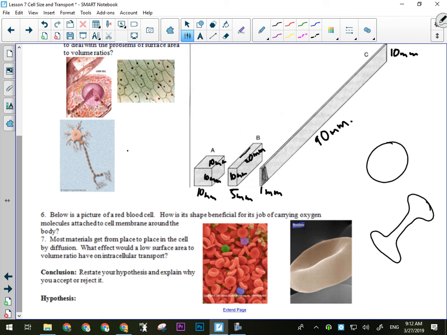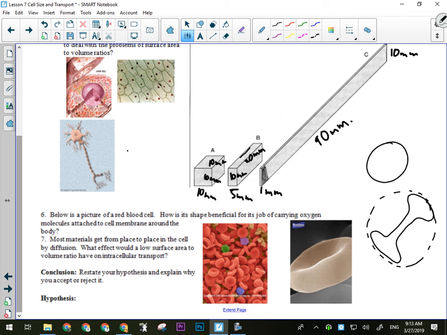When I look at it from the side, it's essentially shaped like this. So which would be better? Which one would have more surface area? Talk about that, because the role of a red blood cell is to carry oxygen on its surface area, on the membrane. That's what they do. So they're generally shaped like that.